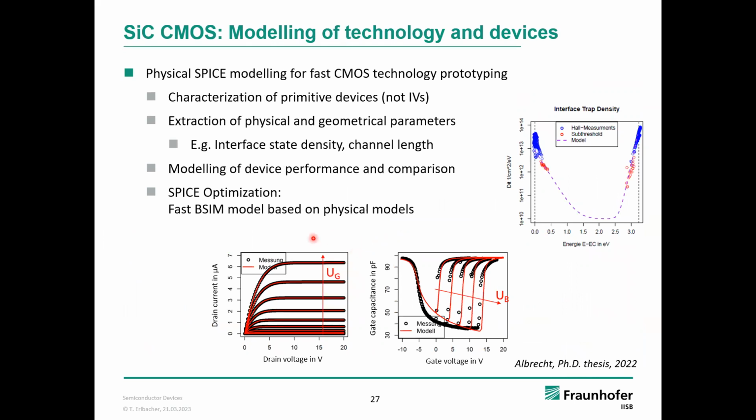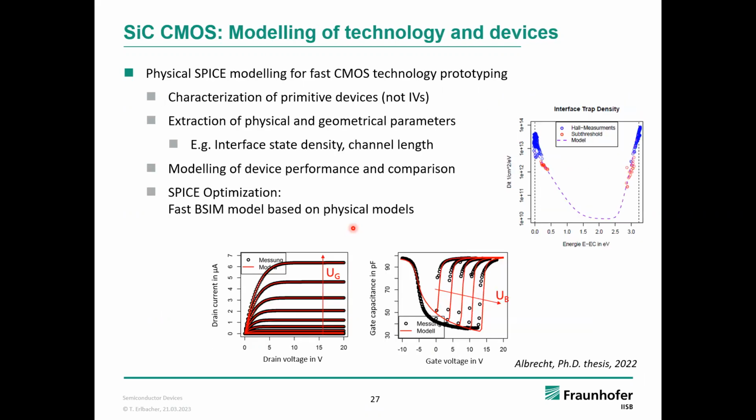And this, of course, always goes along with the possibility for more complex circuits to actually have good model prediction. For that, we have SPICE models and also Verilog-A models, which we can use in a PDK, so that more complex circuits can also be designed in advance.